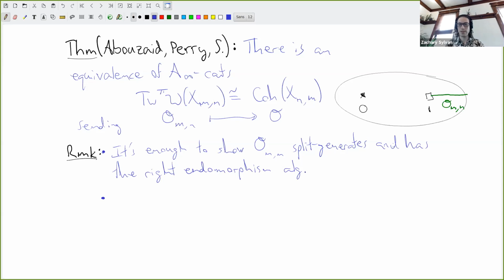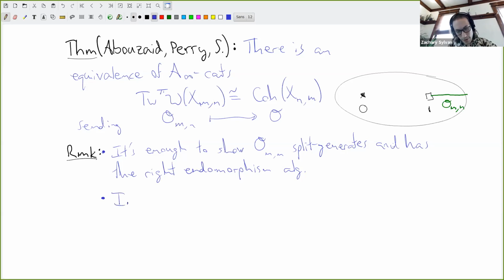Right, because then you can just construct a map of rings and extend that to a functor on perfect module categories. Everything here is smooth, so perfect modules computes co.